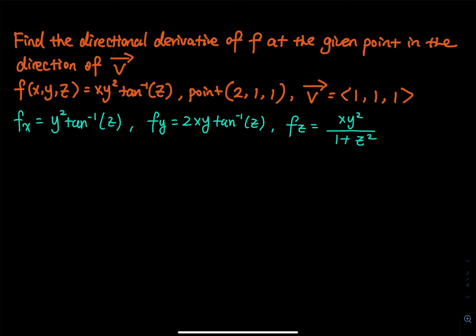Okay, we got it, and then we write the gradient. For this four-dimensional function, we do this. This is called the gradient, del f of x, y, z. I usually call this the gradient of f.